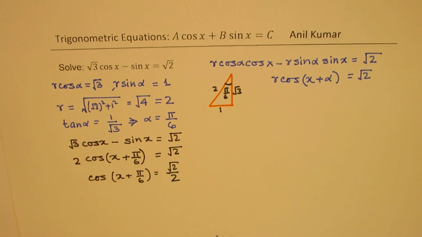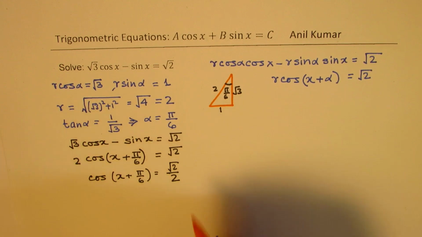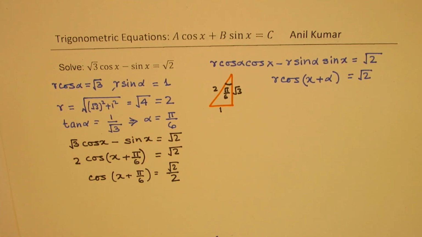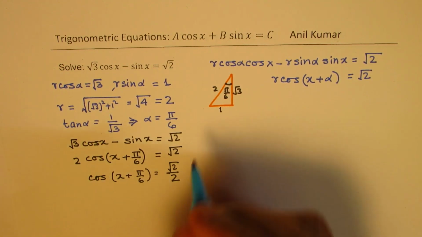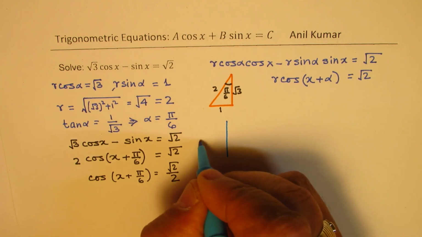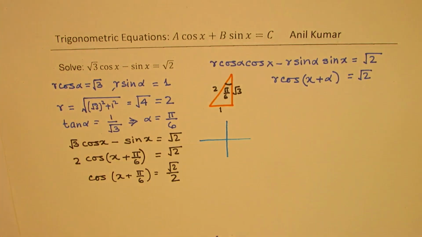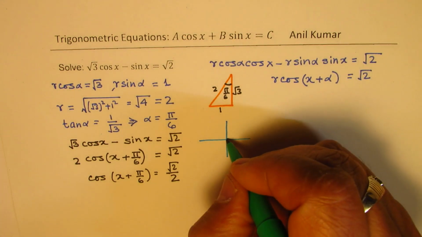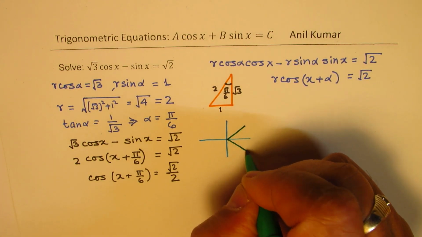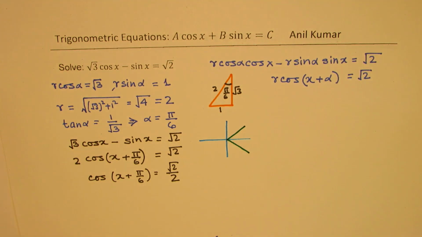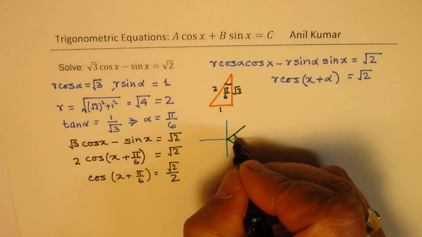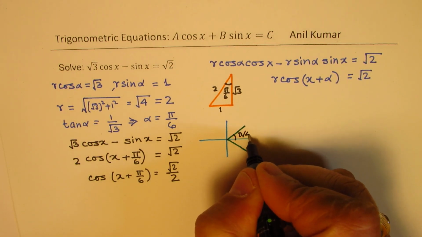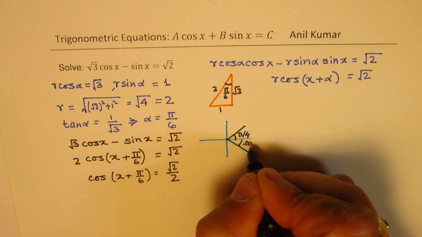Now square root 2 over 2 for the cosine function is, as you know, possible when we have the value in quadrant 1 and 4. Correct? So these are the two values which will give you cos as positive, and the angle here is pi by 4. This is minus pi by 4, correct?